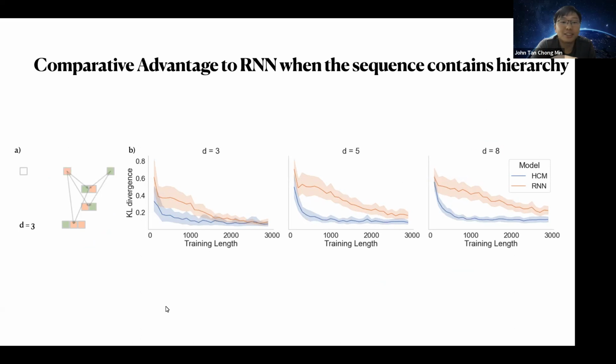No white. So each position has a possibility of 2. So a length 3 chunk will be 2 to the power of 3, and length 5 will be 2 to the power of 5 possibilities. But if you have one more color, then length 5 will be 3 to the power of 5 possibilities. So the chance of incorrectly classifying one chunk will be higher with an increased number of colors for the squares.